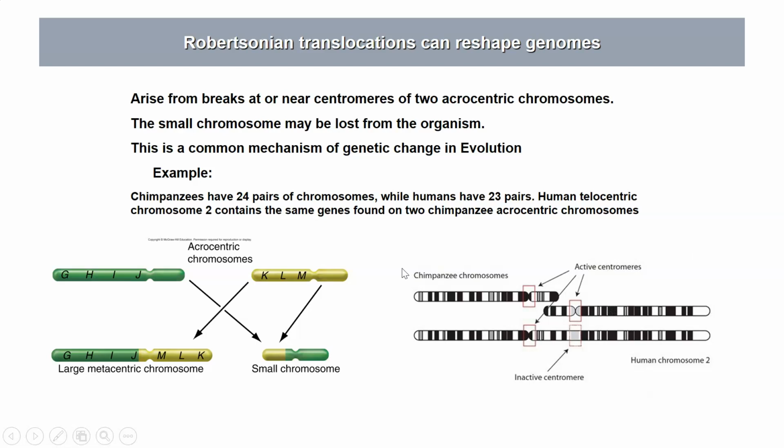If you look at specifically what happened, we find that there was a Robertsonian translocation between two acrocentric chromosomes in chimps that formed one large metacentric chromosome, human chromosome 2, in humans. And this accounts for why chimps have two more chromosomes. They would have two of these. In humans, those two chromosomes are combined. This is known by comparing the sequence of these two chromosomes in chimps to that of the human chromosome.